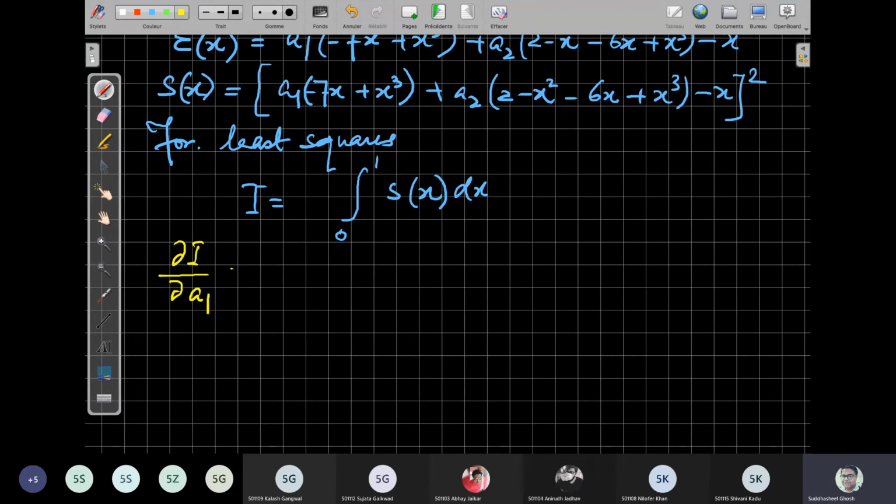Now you please tell me, इसका मतलब ये हुआ, मुझे ये निकालना है partial derivative of this particular expression. ये कैसे निकालेंगे? Can anybody tell me?